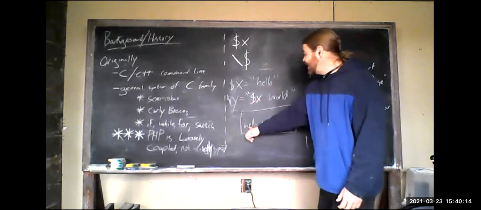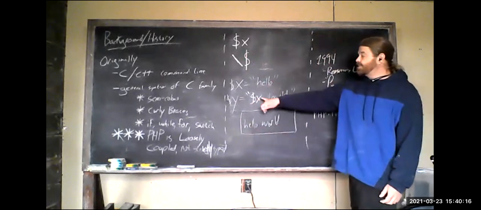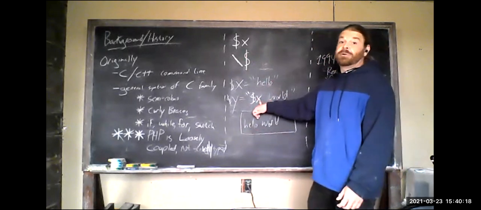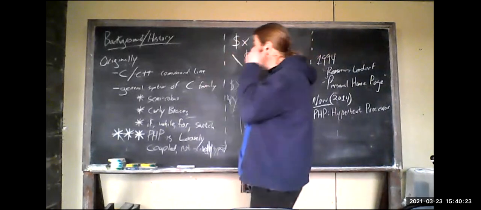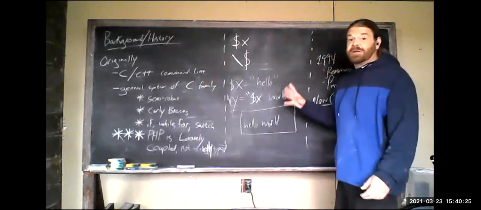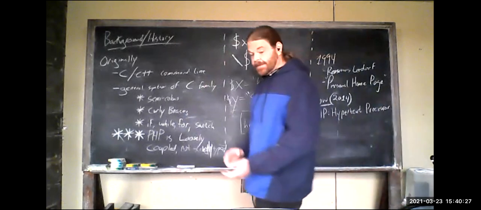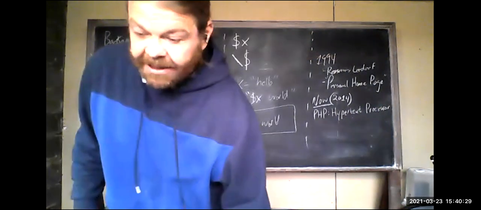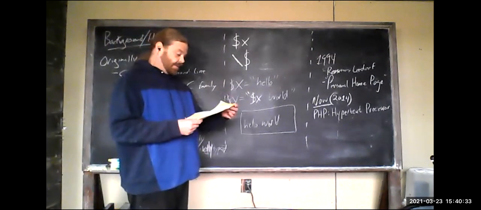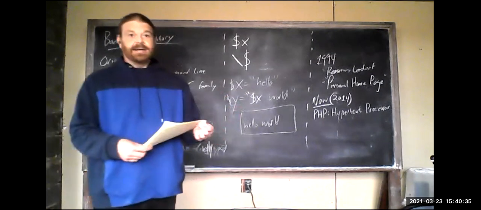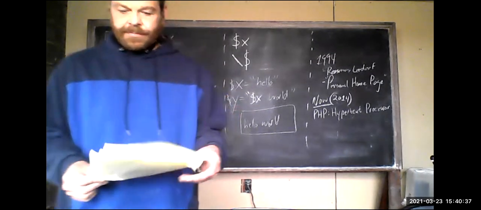And the biggest advantage is we can just throw those variables right into a string. We don't have to do a bunch of concatenation. For single variables, when we have arrays, we still have to concatenate them. But we'll see that next week, I think.